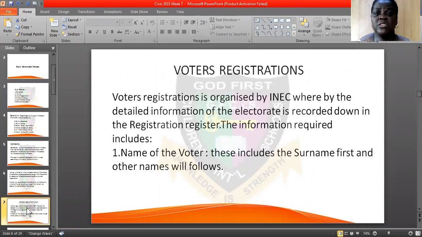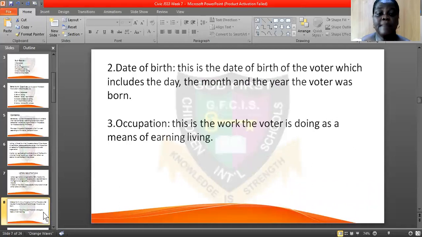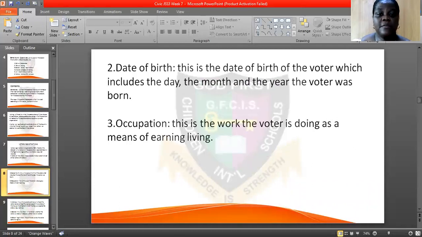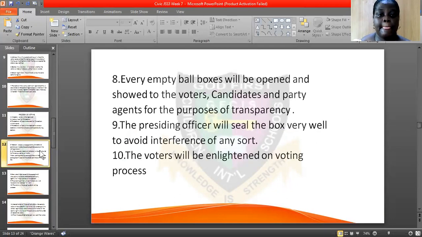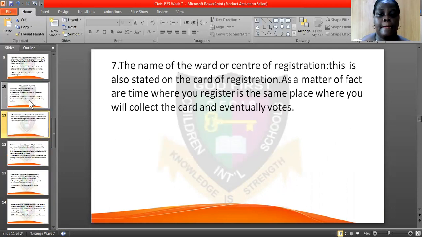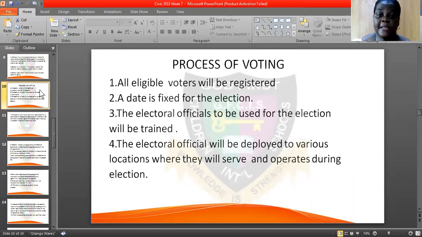Voters registration is usually handled by INEC, and the information they gather includes the name of the voter, the date of birth, the occupation, the address, the gender of the voter, the date of registration, and so on and so forth.